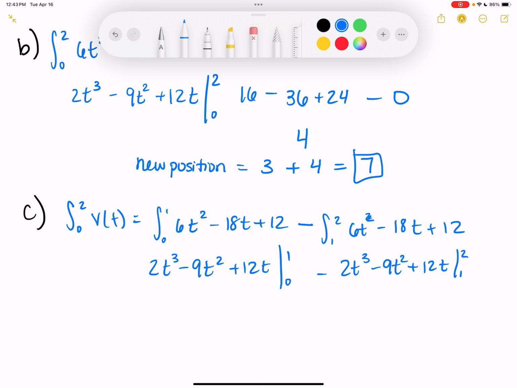So if I plug in 1 for t, what do I get? So let's think about it. That's like 3. Wait, you said plug in what number? 1 for t. Is 5. Plug in 0, I get 0. So 5 minus 0 for that one. Minus this next one, plug in 2.